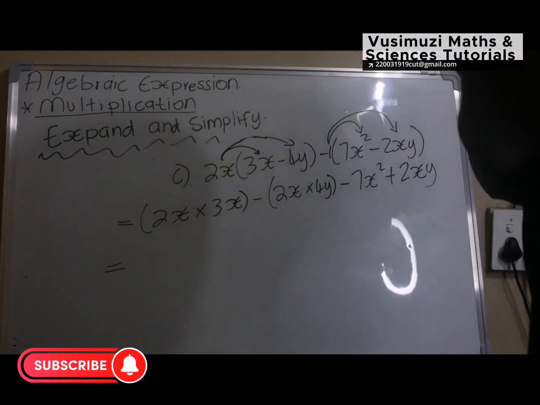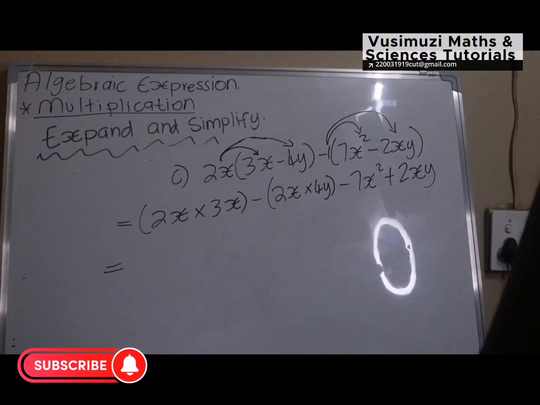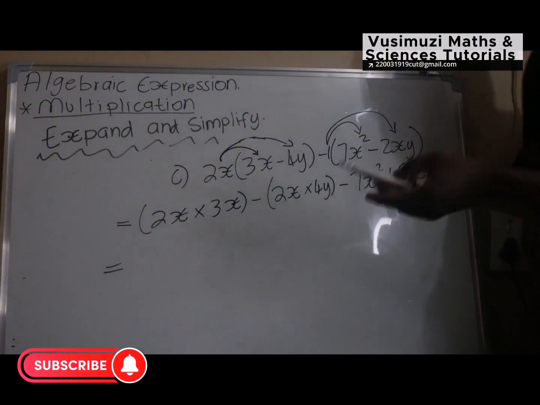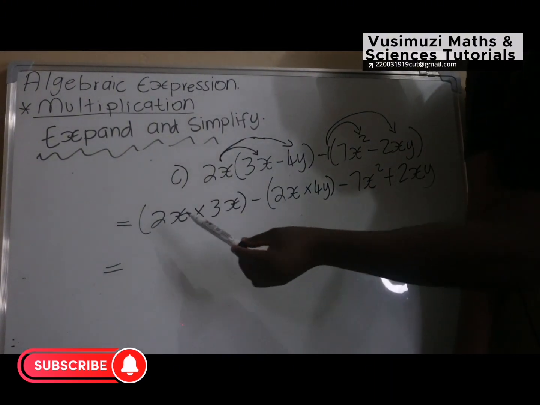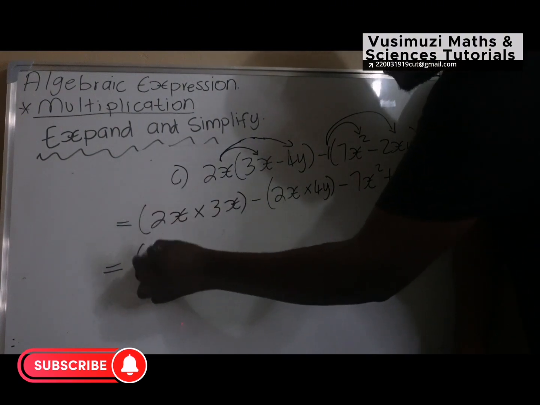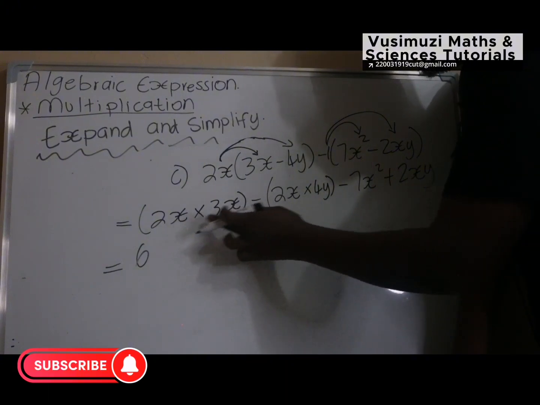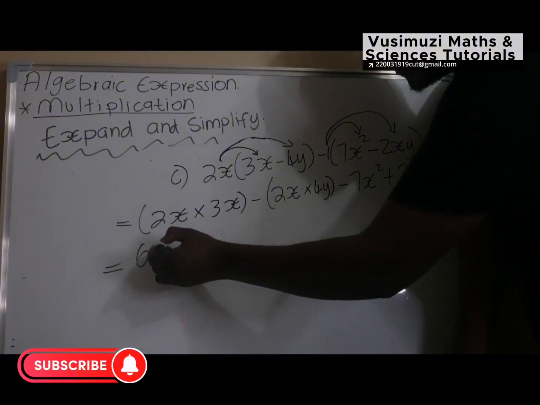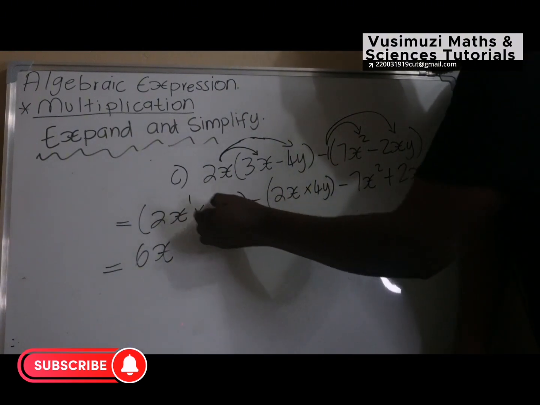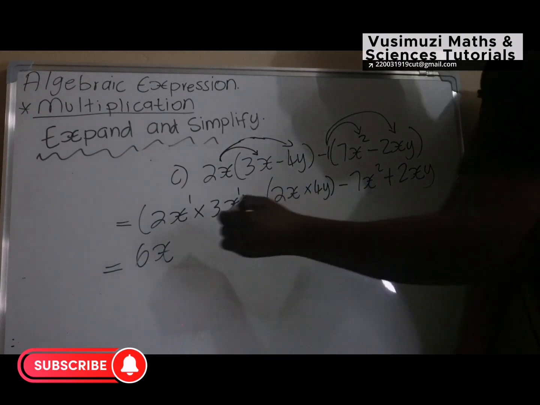This is equal to, as we continue, the second step: 2 times 3 is obviously 6. Same bases, our x, when you multiply same bases, we add exponents: 1 plus 1 gives 2.